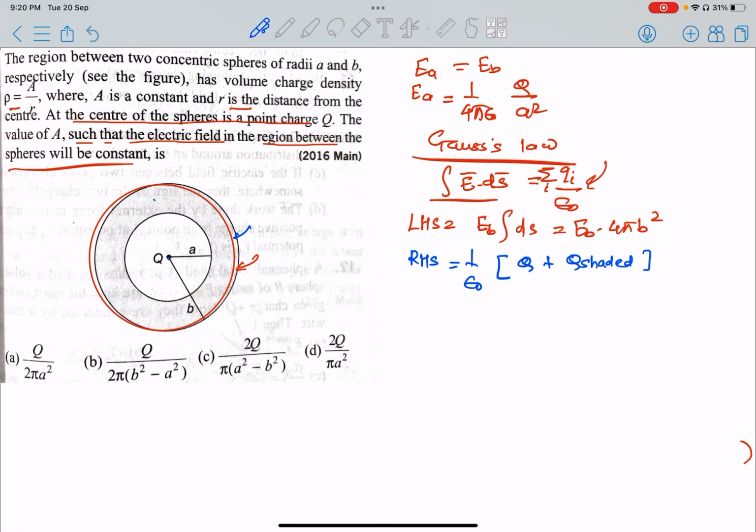Since this is a charge distribution, let us first find the charge inside the shaded region. Please note that the volume charge density is given to us. Usually, charge is nothing but the charge density into volume.